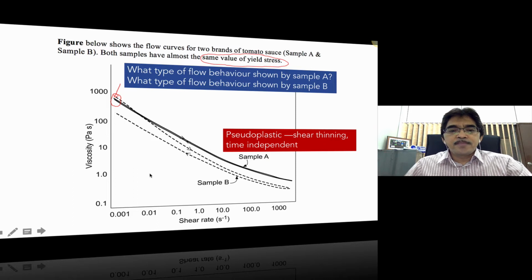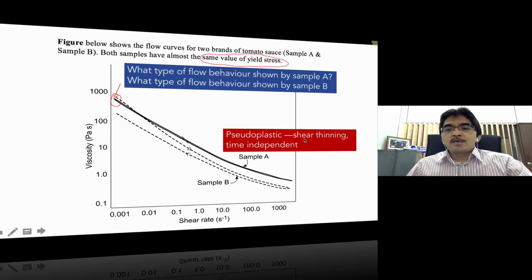It means that once it starts to flow, it starts from this high initial viscosity, but as it flows, the viscosity reduces as we increase the shear rate. You can see from the curve here. This is what we mean by shear thinning: once you increase the shear, the viscosity reduces, becomes thinner, and it will flow more readily.